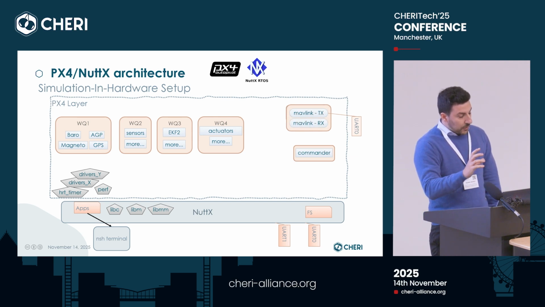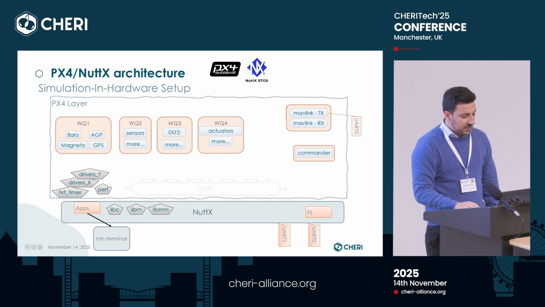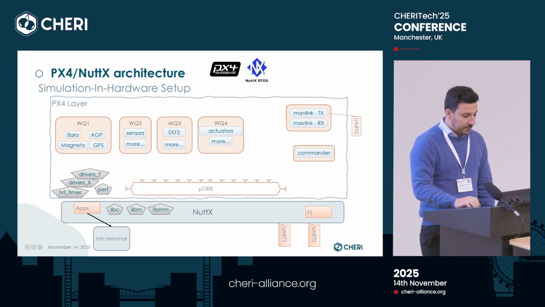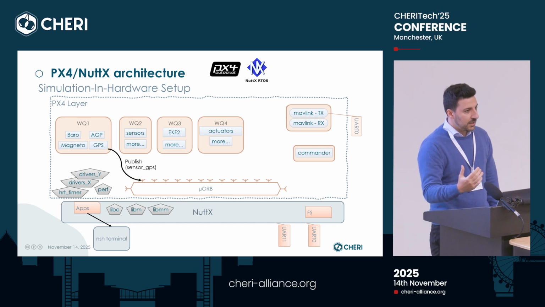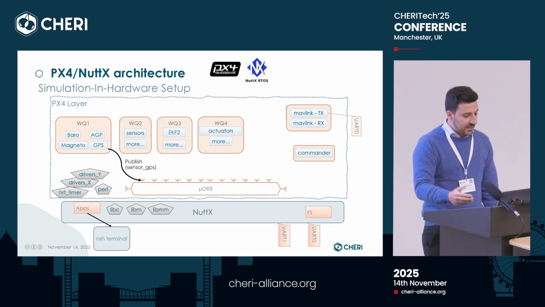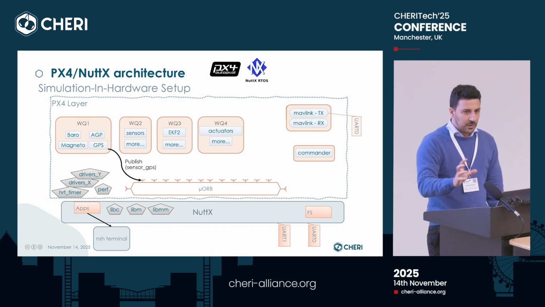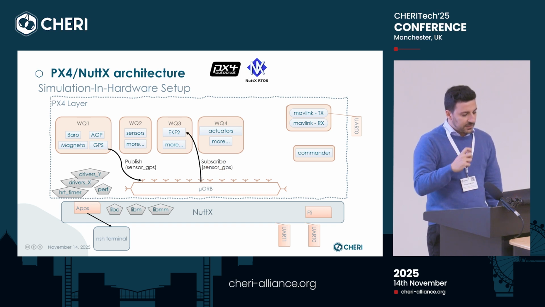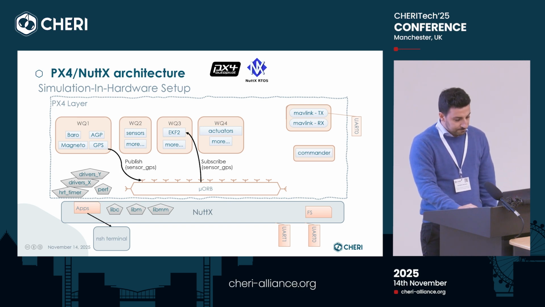To communicate, all of them use this publish-subscribe protocol called uORB. So for example, the GPS is a publisher of the sensor GPS topic. I don't know if you are familiar with ROS 2, but it's really similar. And then we have the extended Kalman filter that is a subscriber to this sensor GPS topic.